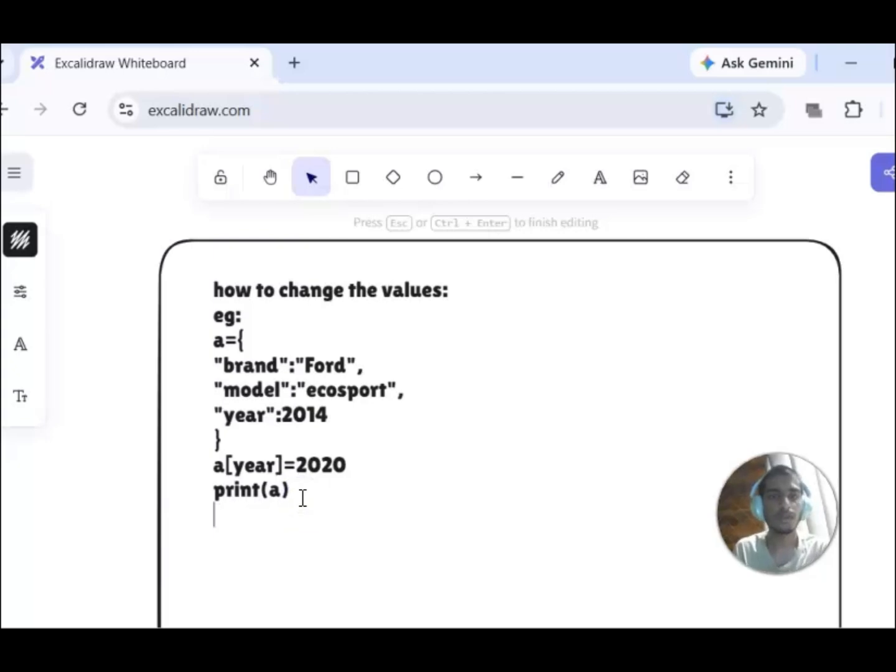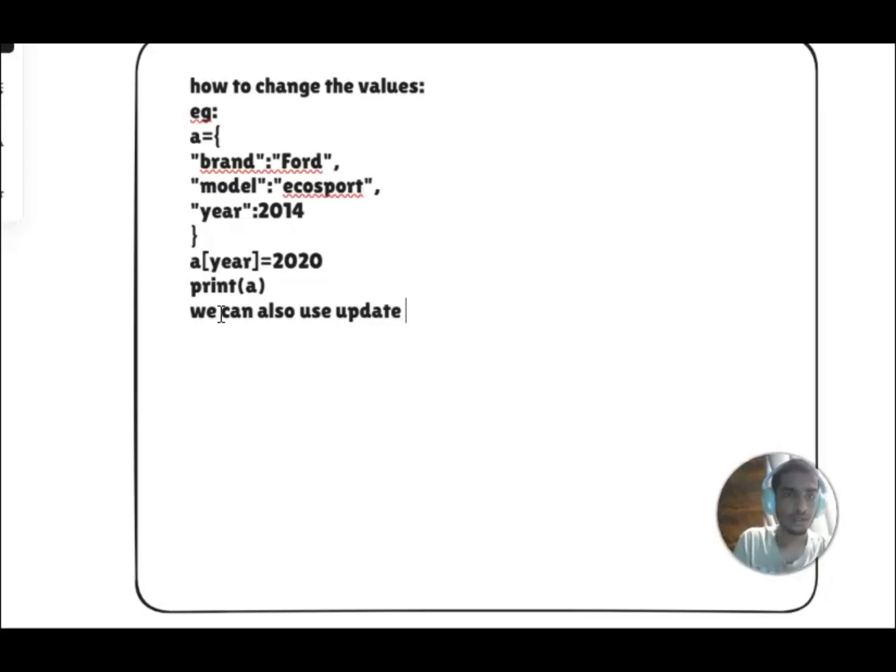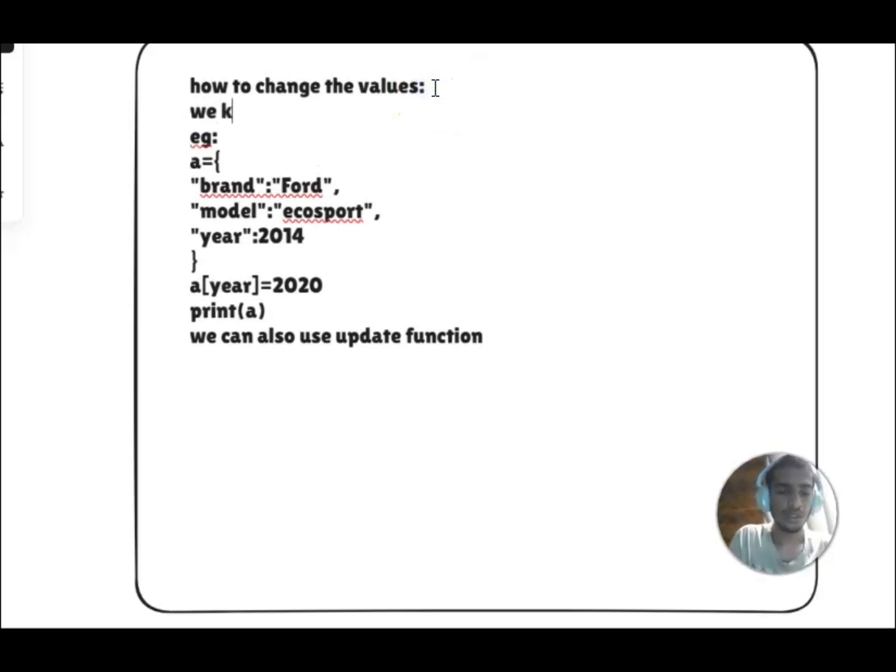There is also another method, using the update function, where we use the key name to change the value.